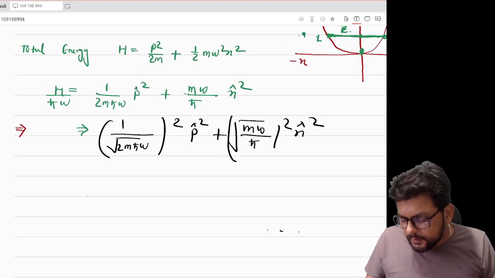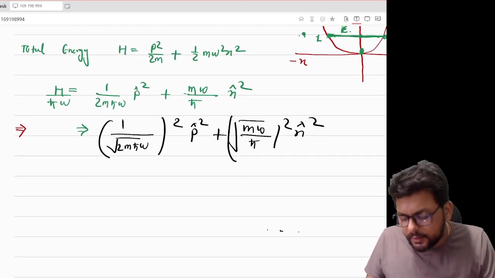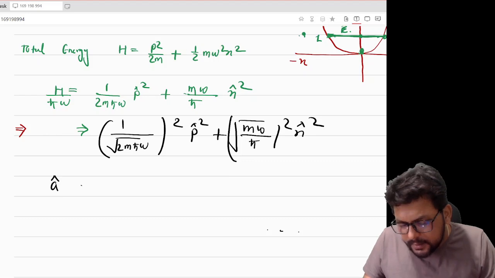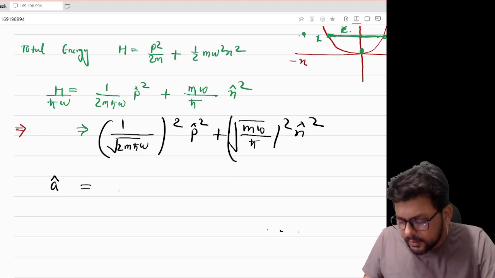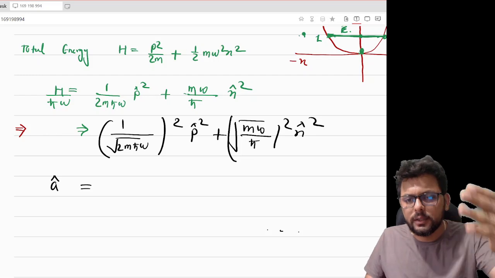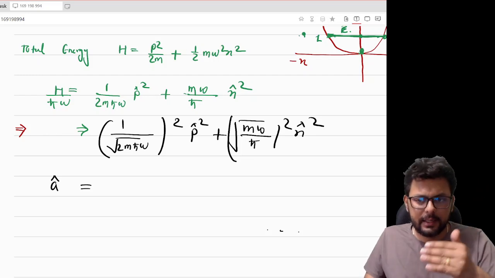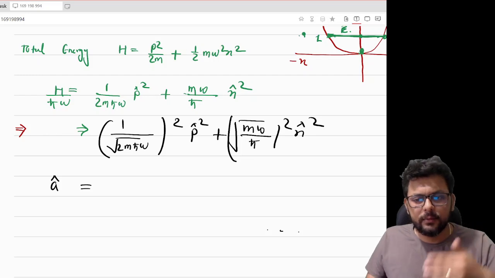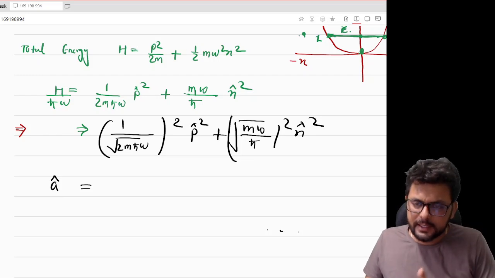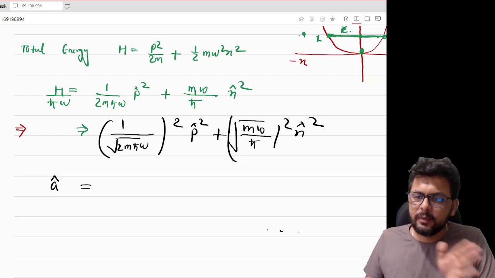So now we have to introduce two types of operator. One is a, which is called the lowering operator. Why is it called the lowering operator? Because it lowers the state of a particle. If you apply this operator on the nth state, the state becomes n minus 1.